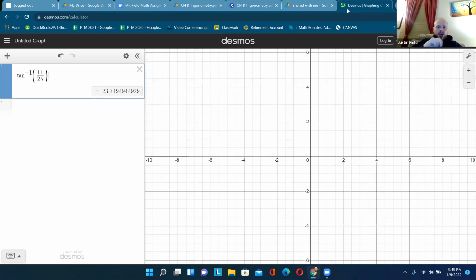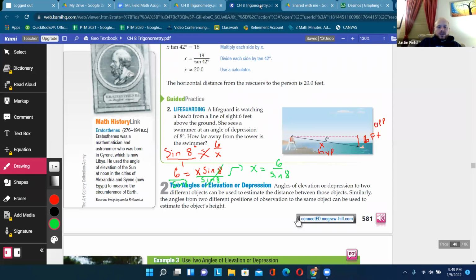Let's find out what that is. 6 divided by the sine of 8 equals approximately 43.11. And what is that? Feet.